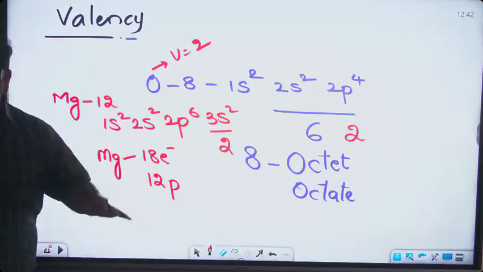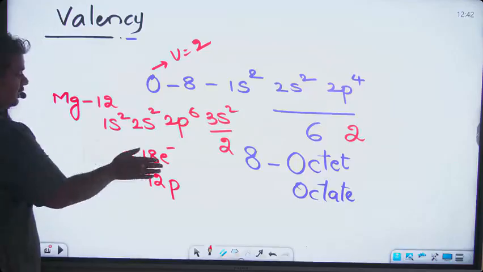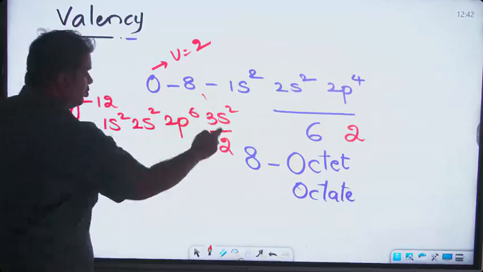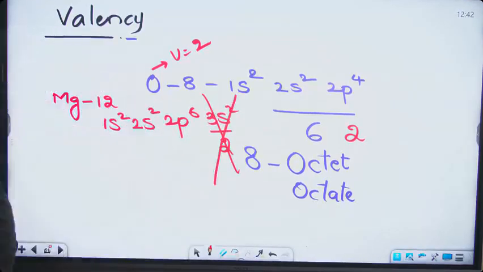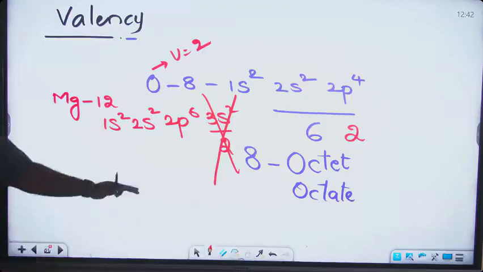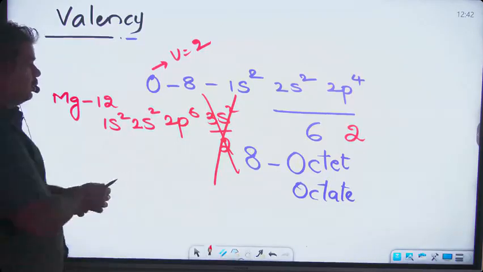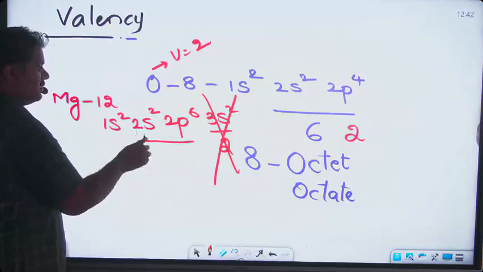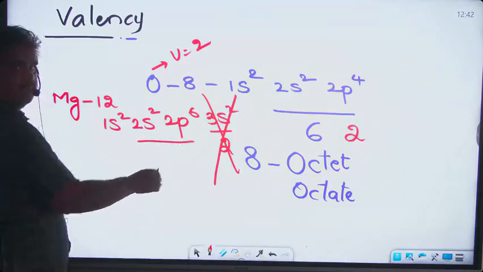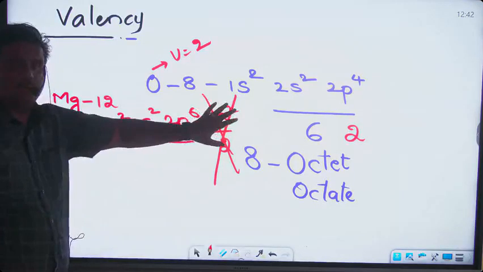So instead of gaining 6 electrons, magnesium loses the 2 electrons present in the last orbit. If it loses the 2 electrons in the last orbit, the previous orbit becomes the last orbit. How many electrons are there now? 8.